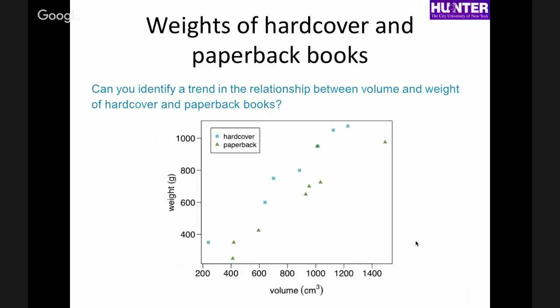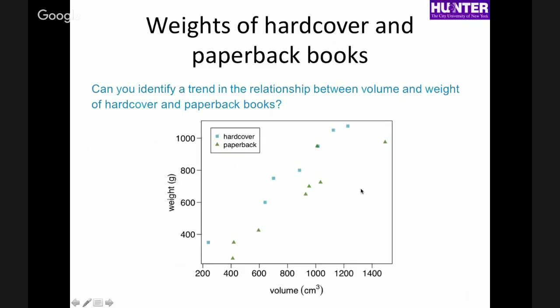But we had this other variable, right? We had whether it was paperback or hardcover. And it turns out that some of those unexplained residuals on the previous page, the errors in the prediction, you can explain by whether the book is hardcover or softcover.